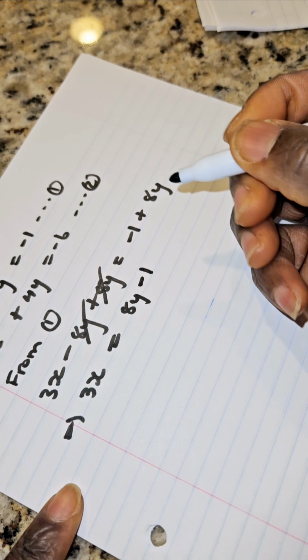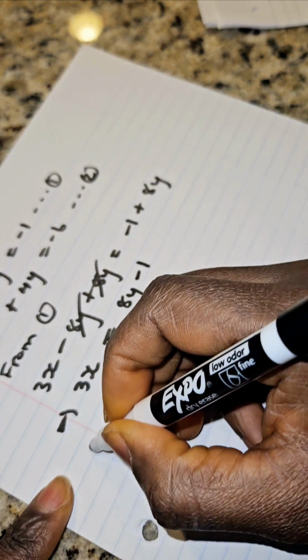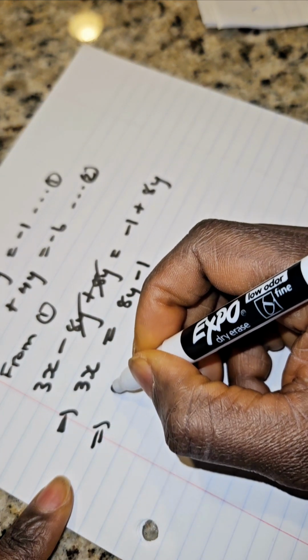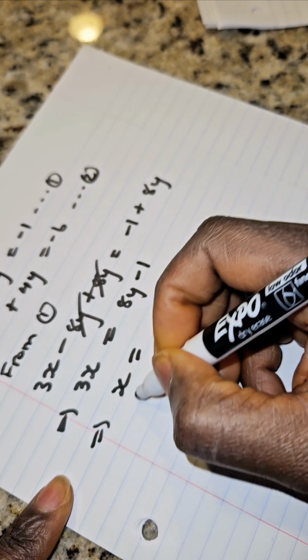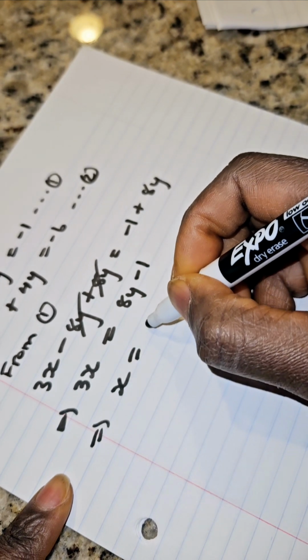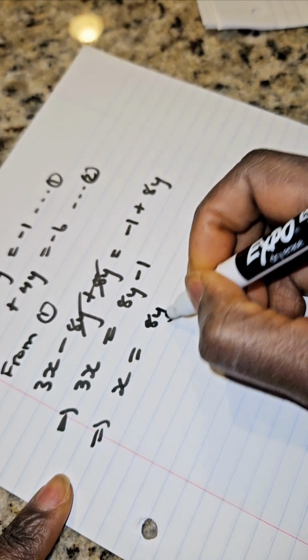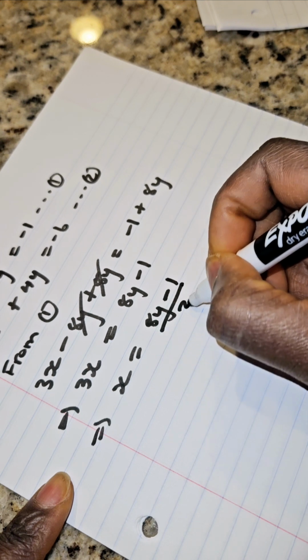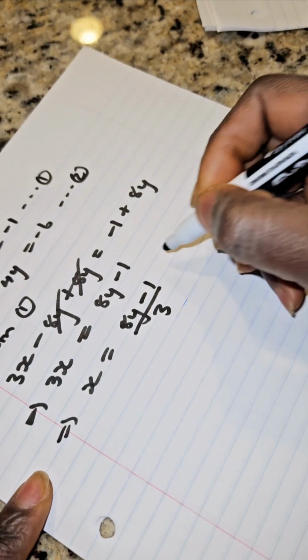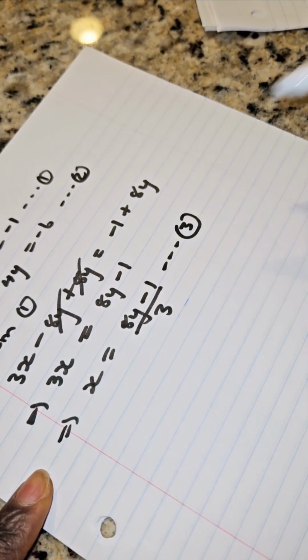I will divide through by 3. This implies x, if I divide through by 3, x will be alone, equals 8y minus 1 all over 3. Now again, I call this equation 3.